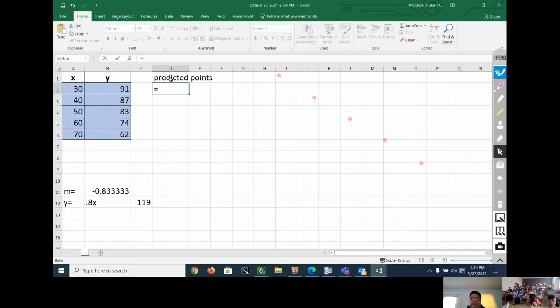Okay, equals negative 0.8 times x, parentheses, plus 119.